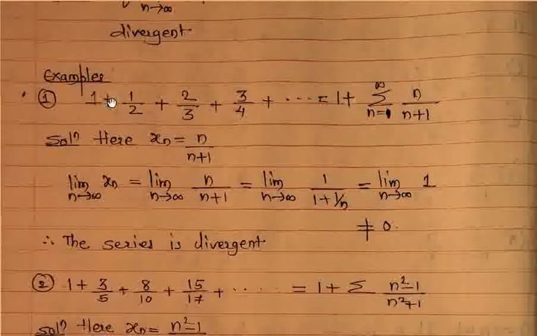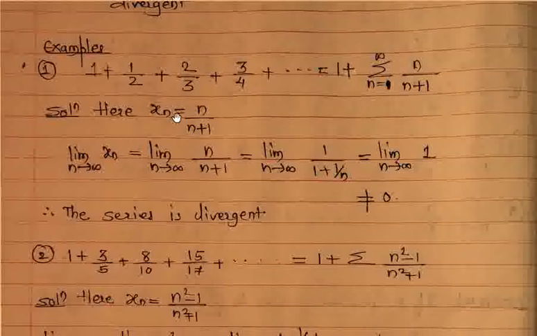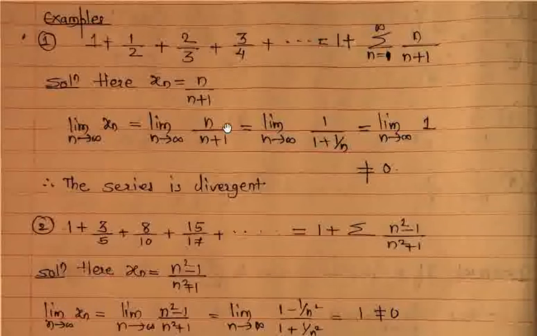Okay, so here's the example. So here you have n is 1, 2, 3. Okay, then you have n plus 1, so 1 plus 1 is 2, and 3, 4, etc. So xn is n divided by n plus 1, and the limit of xn, we find the limit as n tends to infinity.